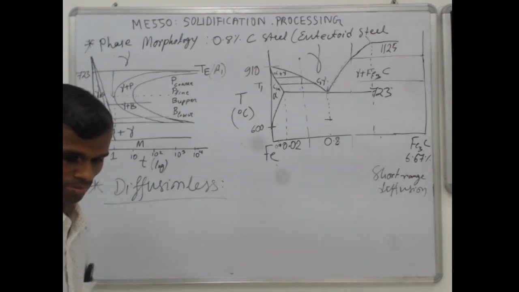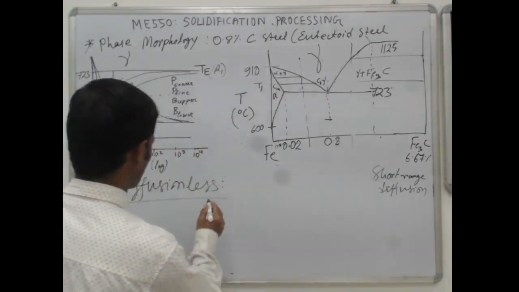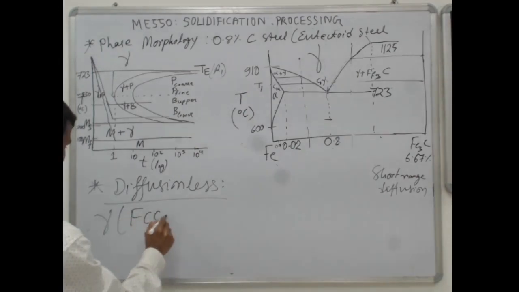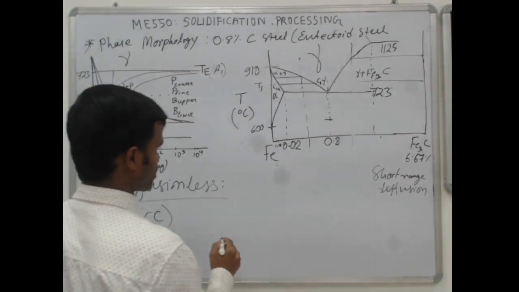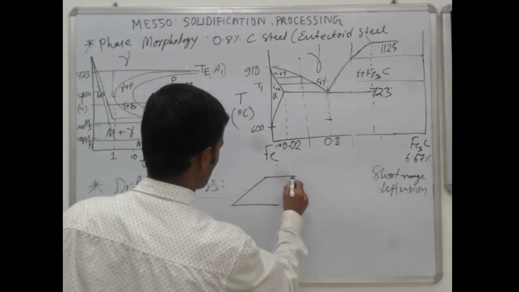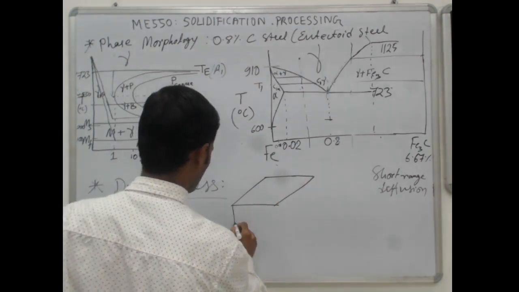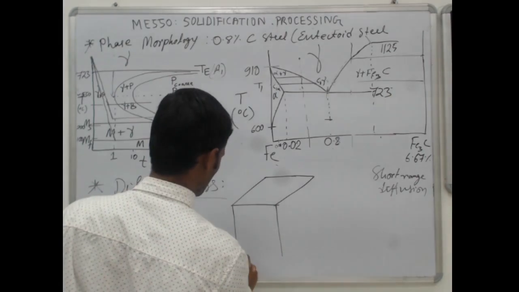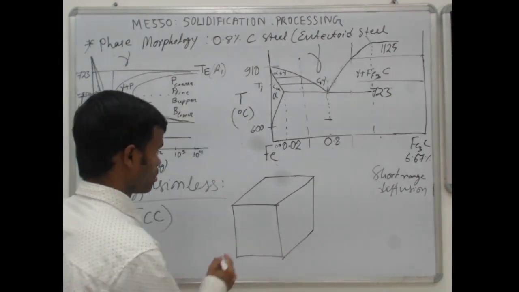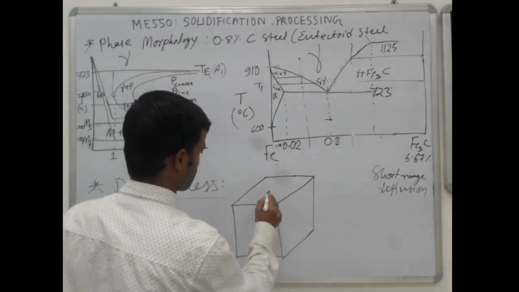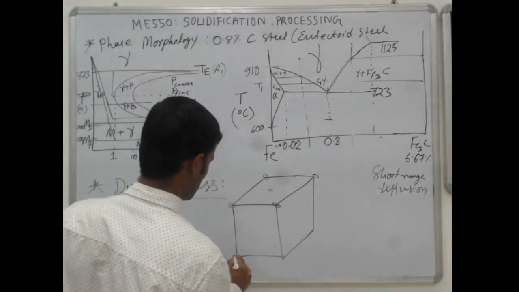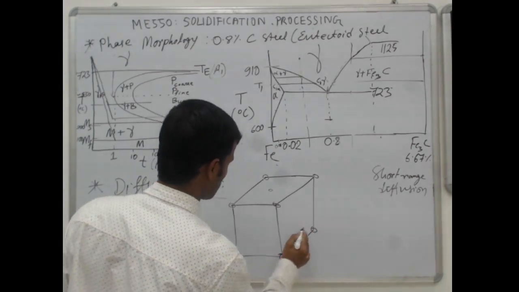We have explained that austenite has FCC structure. FCC structure means on each face you have an atom.